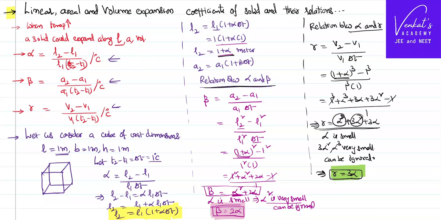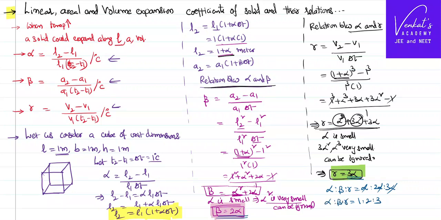If you have to write the ratio of linear, areal and volume expansion coefficients of a solid, alpha is to beta is to gamma: alpha as alpha, in the place of beta I can write 2 alpha, in the place of gamma I can write 3 alpha. Alpha can be cancelled. So the ratio is 1 is to 2 is to 3.